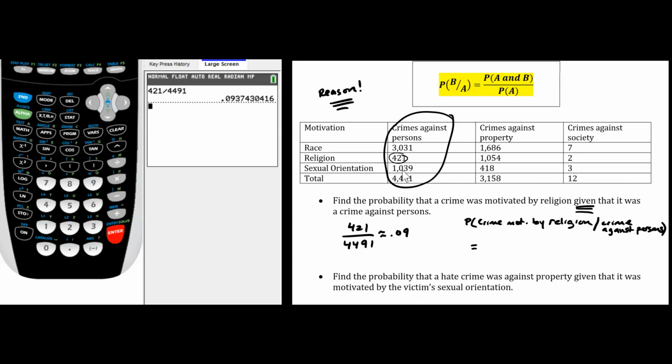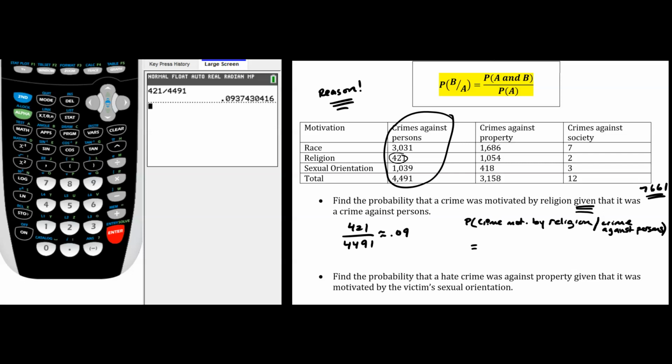And so if you added the 4,491 crimes against persons to the 3,158 crimes against property and the 12 crimes against society, you would get a grand total of 7,661. Okay, so that's the total of all of the crimes.